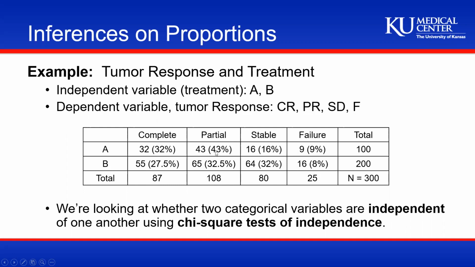And then the percentages you see in here have to do with the percentage of those who were treated with treatment A who had a failure, who had treatment failure. 32% is the percentage of complete responders among those who received treatment A, and so forth and so on. So that's a row percent.